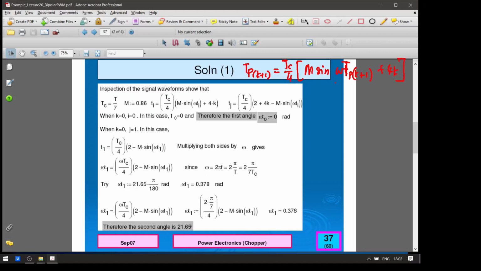So TC over 4, M sine omega t plus 4k multiplied by TC over 4. And for Tn(k+1) equals TC over 4 times 2 plus 4k minus M sine omega Tn(k+1). So we start with the first positive slope.